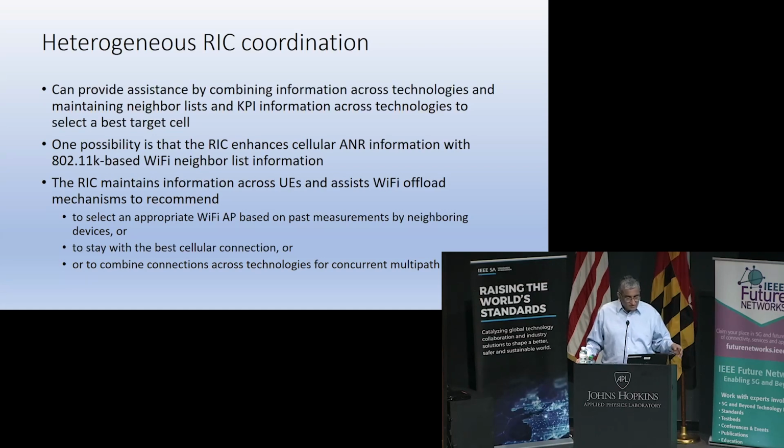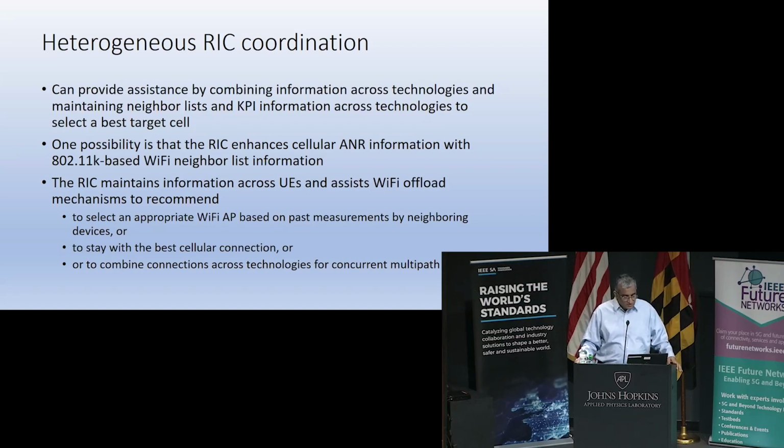And so the RIC could enhance the cellular ANR and 802.11k information that's available, and maintain information and assist in the Wi-Fi offload. So it could either select an appropriate Wi-Fi AP, or based on the past measurements, it could stay with the best cellular connection, for example, or you could now consider multipath connectivity as well. We have options for multipath TCP connections as well.